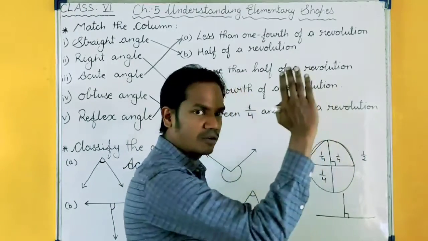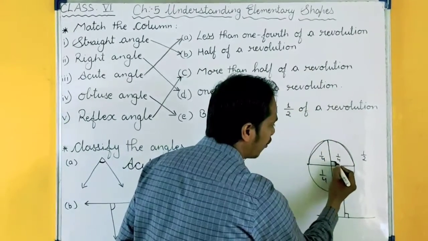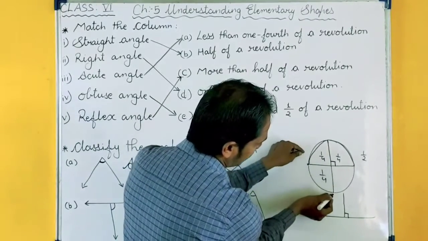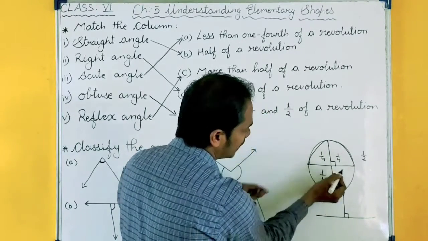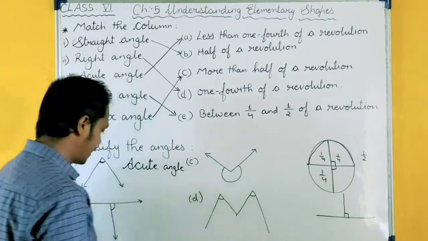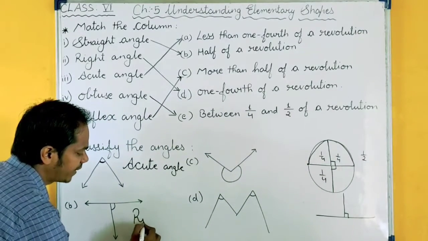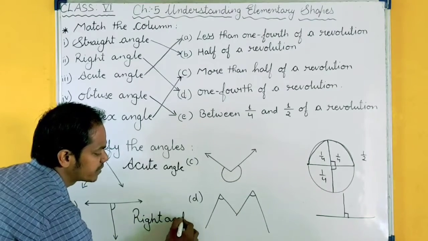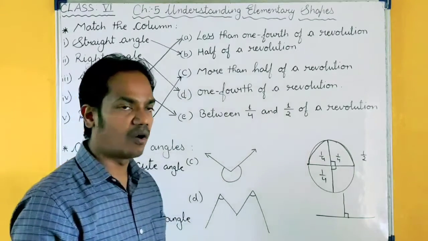A vertical, or standing straight, line always measures an angle of 90 degree. Downward also, when you take from here, it will make an angle of 90 degree. So 90 degree means right angle. An angle whose measure is exactly 90 degrees is called a right angle.